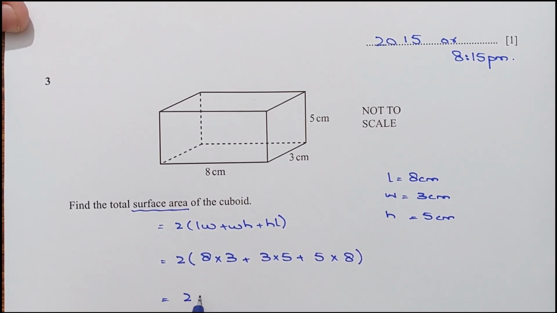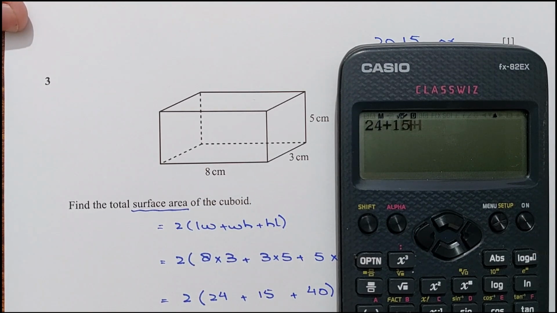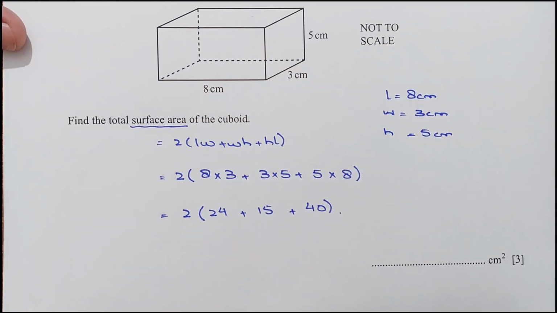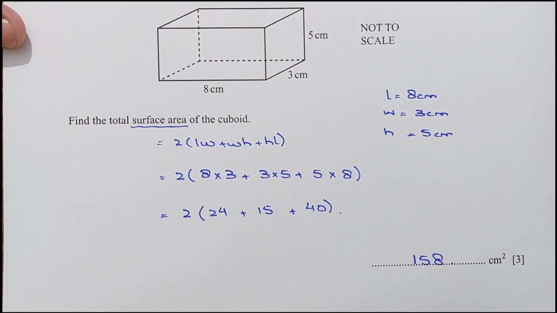That is 24 plus 15 plus 40, times 2, which is 158 centimeters squared. This is the total surface area of the cuboid.